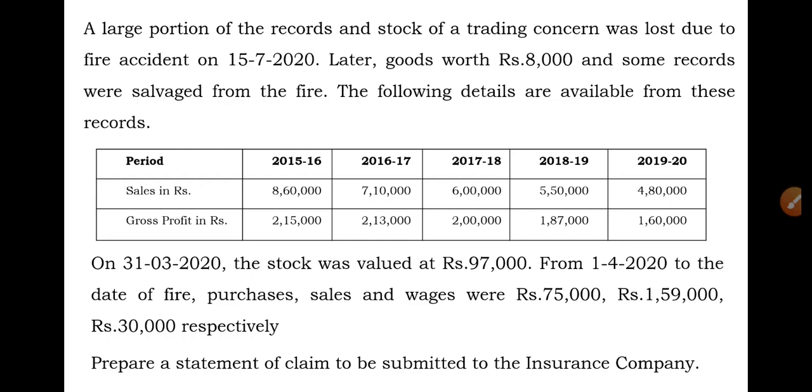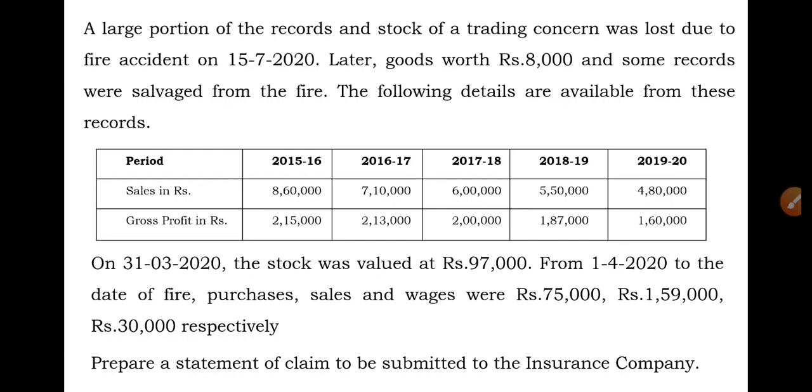And next information: on 31/3/2020, the stock was valued at rupees 97,000. This is the previous year. How do you know it is the previous year? Because 15/7/2020 is the fire accident date, and for that date 31/3/2020 is the previous year ending.